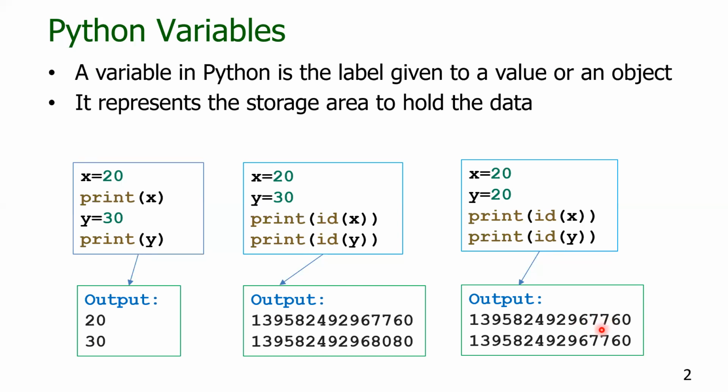That means the same memory location is labeled with two names which are x and y. This is how the memory is being allocated for the variables in Python. That means if the same value is assigned to another variable, then a separate memory location will not be allocated. Instead, the same memory location will be used by the second variable also.